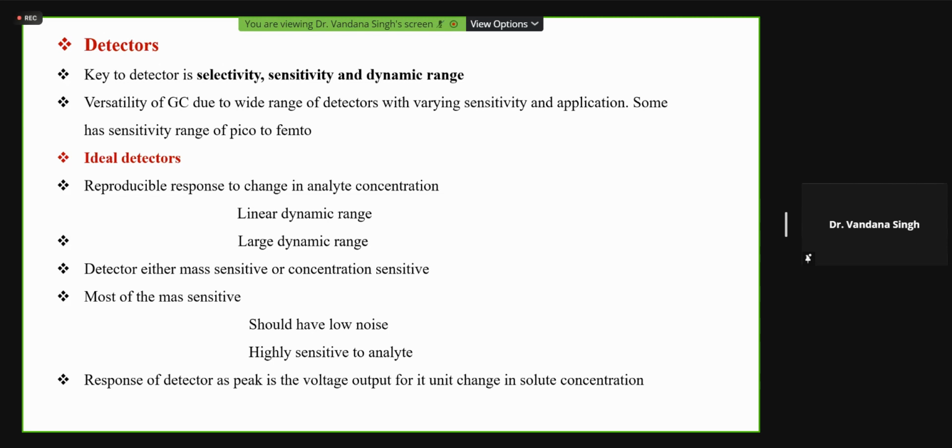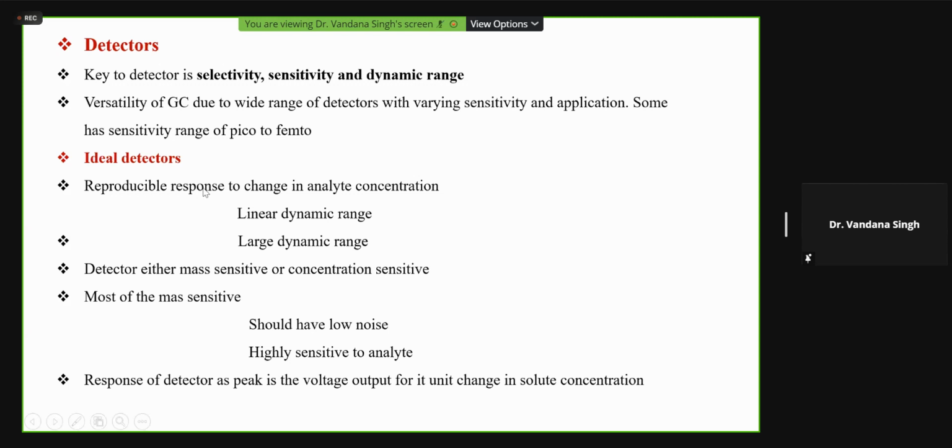So for a better detector this dynamic range should be linear and should be high. The range should be very broad.